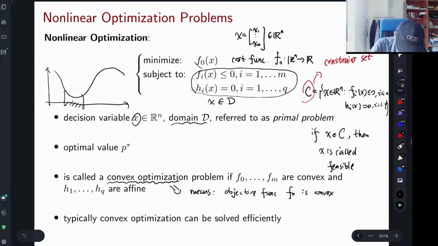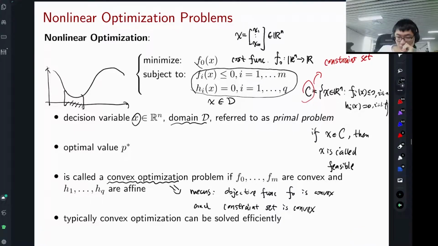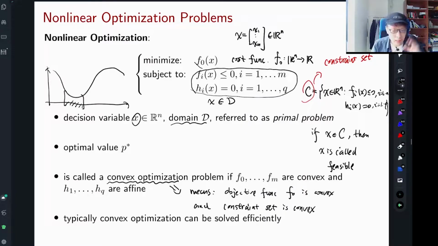That's important, and the constraint set is also convex. The function is convex, constraint is convex, which gives us the convex optimization problems. If we minimize a convex function over a convex constraint set, that's a convex optimization problem.